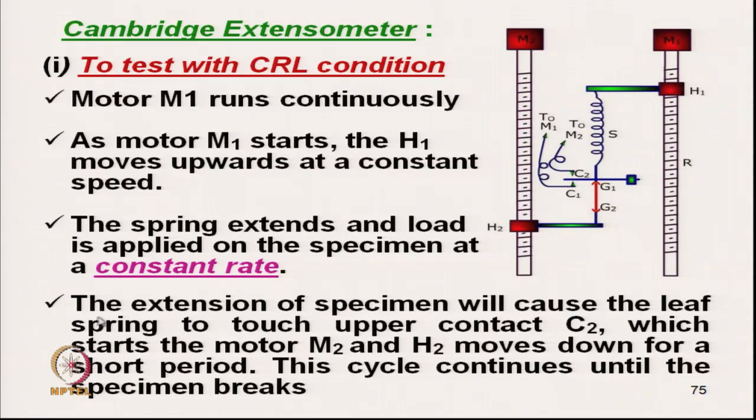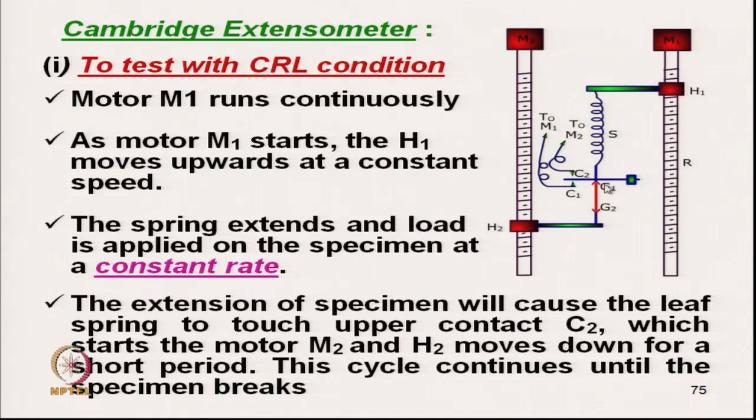As the load is applied on the specimen between G1 and G2 and the specimen gets extended, this leaf spring will come in contact with C2, the upper restrictor, which is connected with the motor M2.